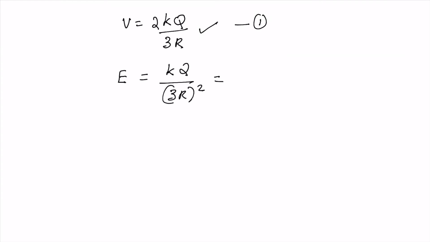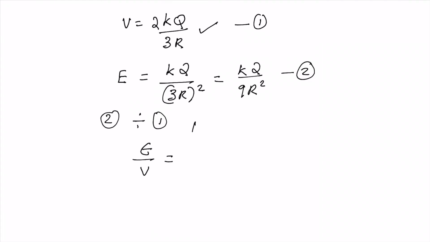So it becomes KQ by 9r square. This is equation number 2. Now equation number 2 divided by 1, what will you get? E by V is equal to KQ by 9r square by 2KQ by 3r.